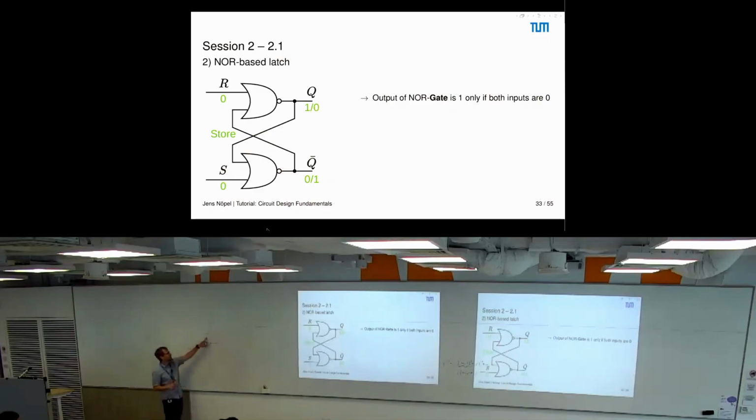The PMOS will open and you have a connection to VDD, so the output will get a 1. If you have a 1 here, the PMOS will close and the NMOS is going to open, and you have a connection to VSS, so you get a 0 on the output. So that's a very simple inverter.